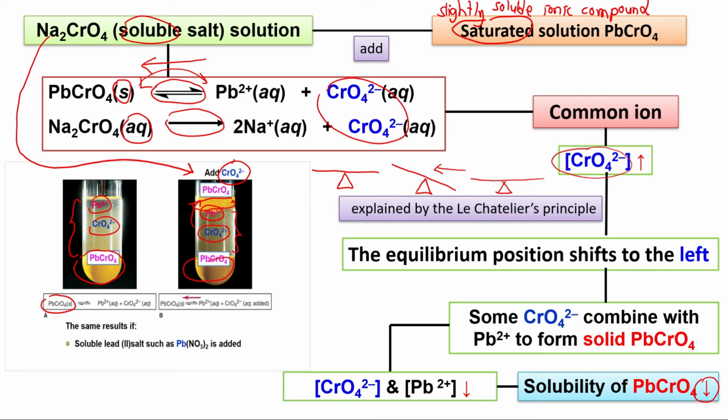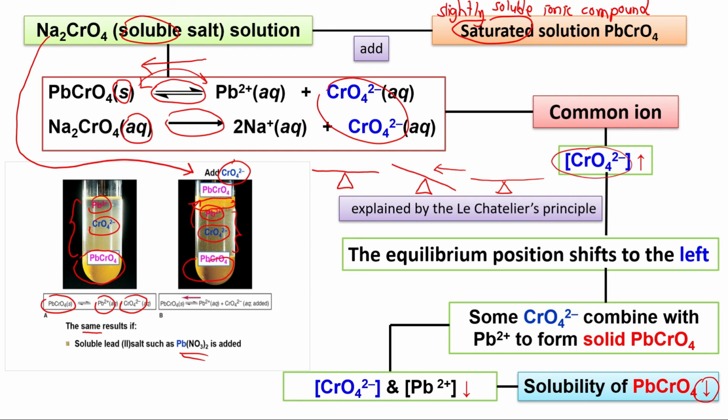You can see the same result when you add a soluble salt containing plumbum 2 plus ions, such as plumbum nitrate, because this slightly soluble ionic compound consists of two types of ion, chromate and plumbum.